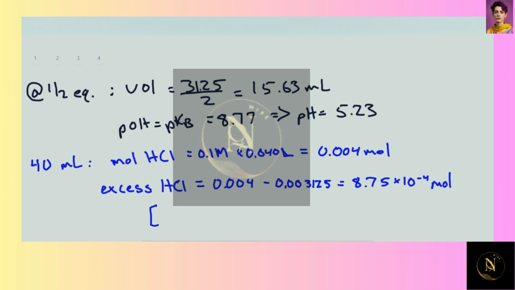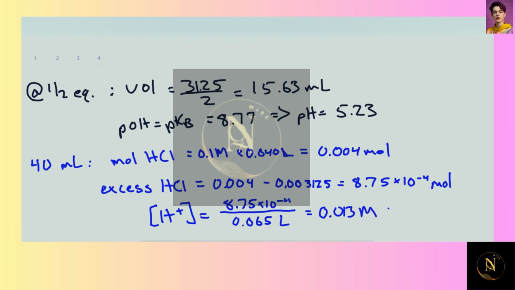And so we calculate our hydrogen ion concentration by dividing 8.75 times 10 to the minus 4 by what we have as the total volume, which is 0.065 liters. And this is equal to 0.013 molar. And if we calculate pH by taking the negative log, we get 1.87.